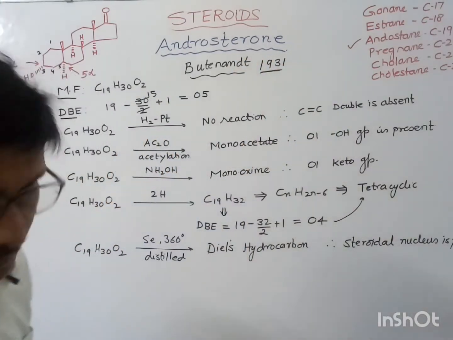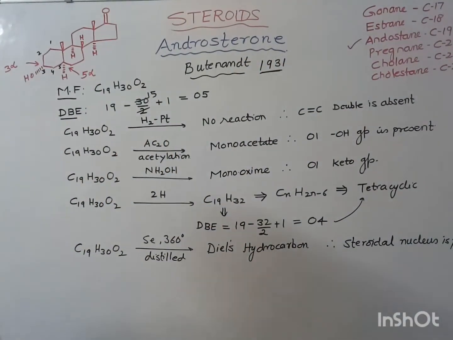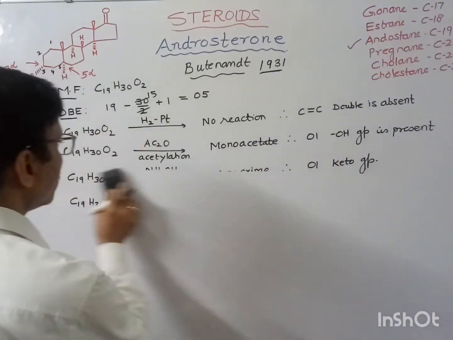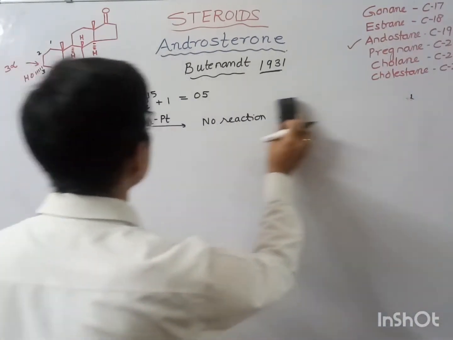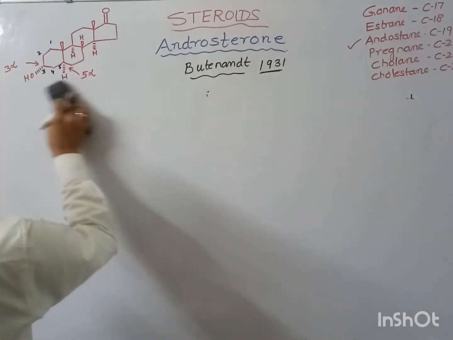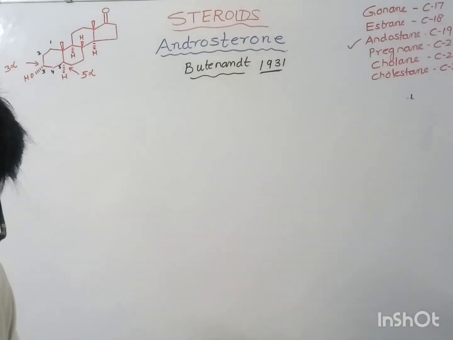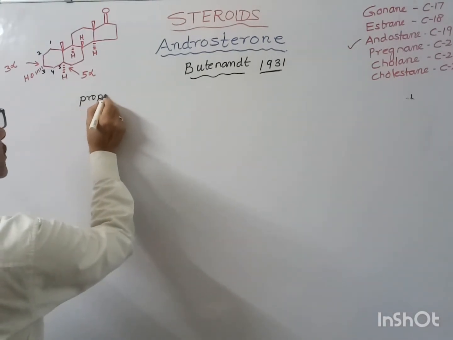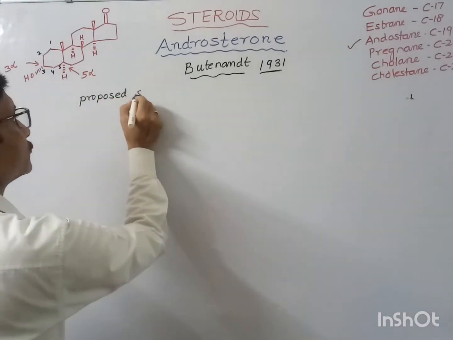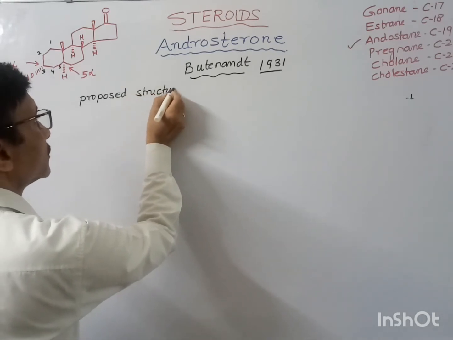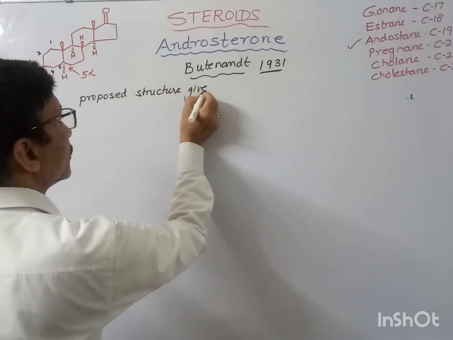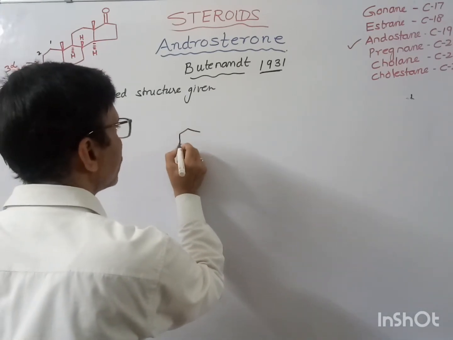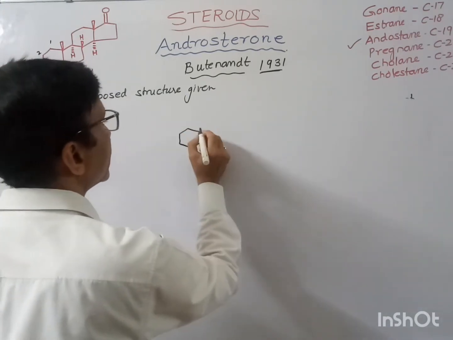On the basis of this, Butenandt gave the proposed structure, which was very much similar to androsterone.